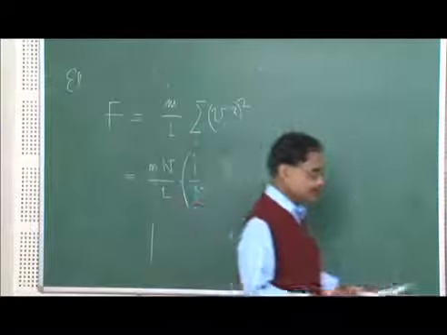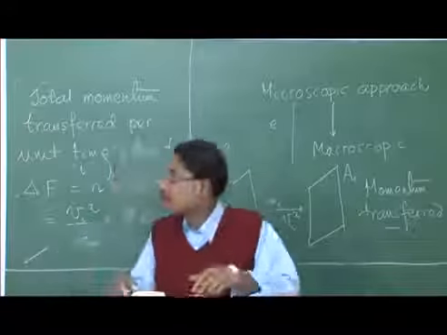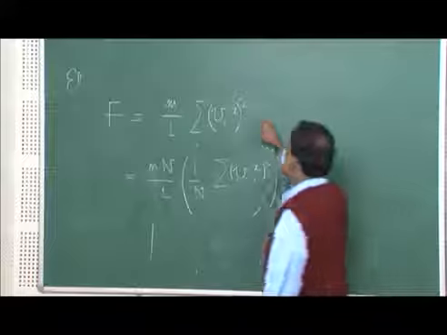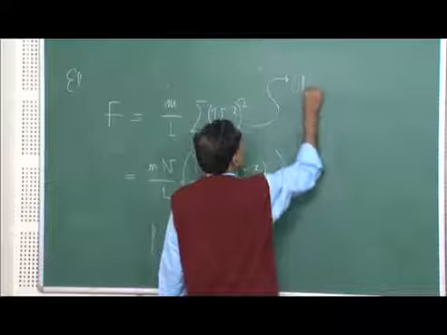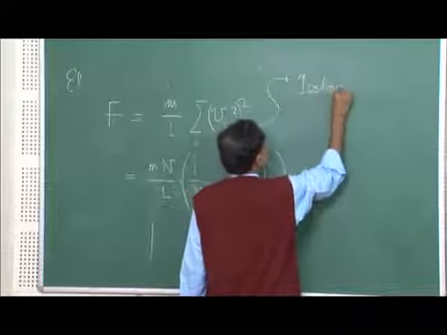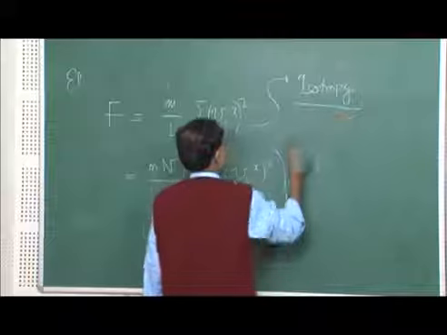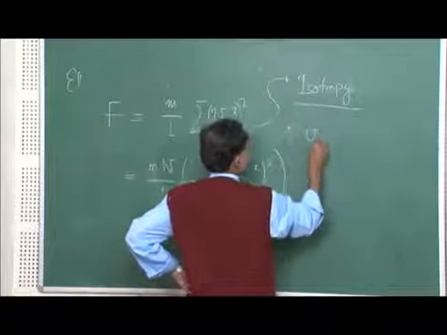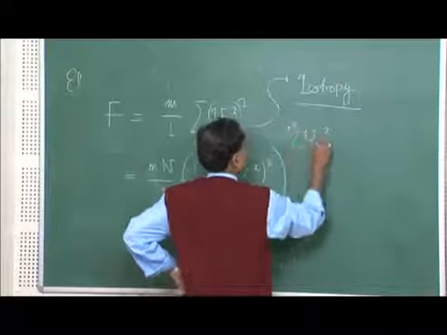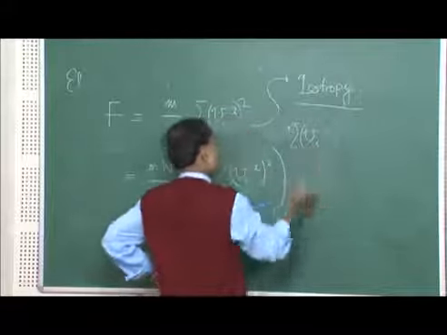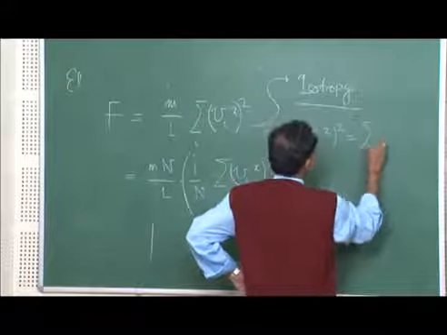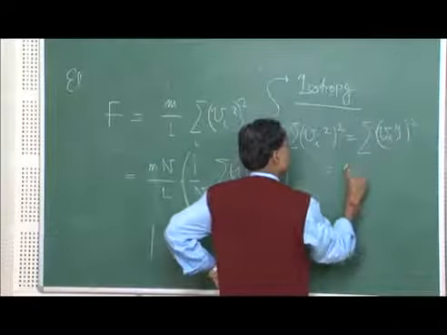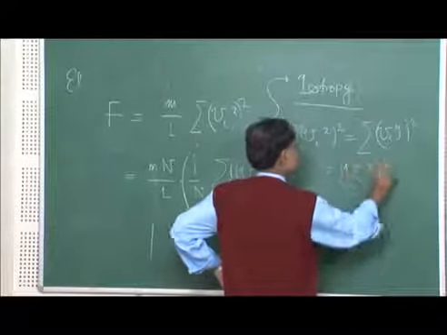So, one more thing I will do now. We have come to this point. Now, I will use something which I have been harping on from the beginning, isotropy. What do I mean by isotropy? I mean that the average of Vi x square, summed over i, should be equal to the average of Vi y square, which should be equal to that of Vi z square, summed over i.